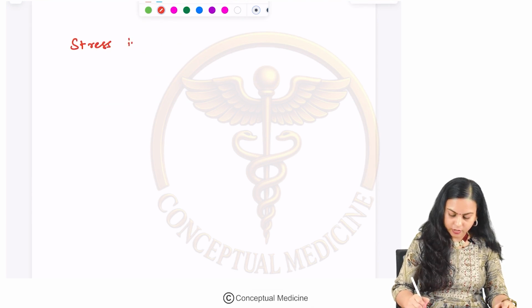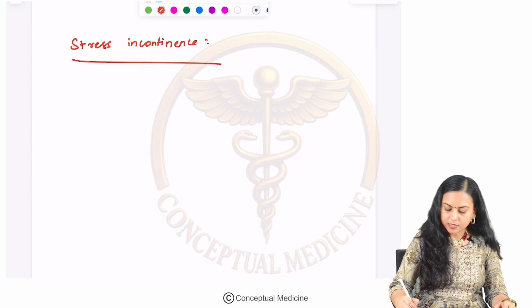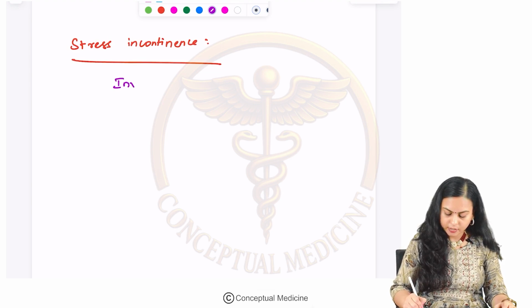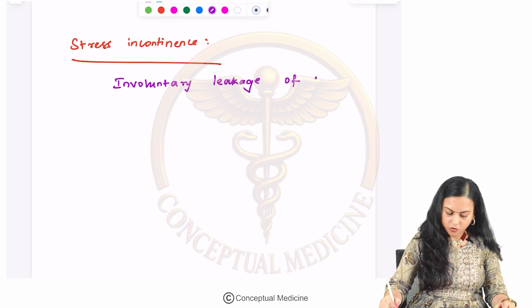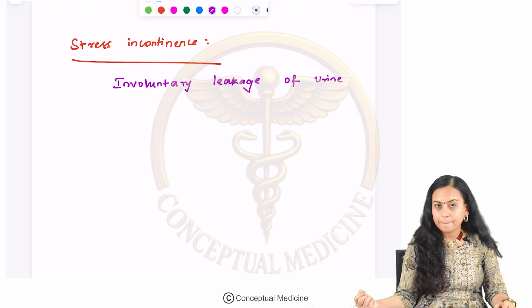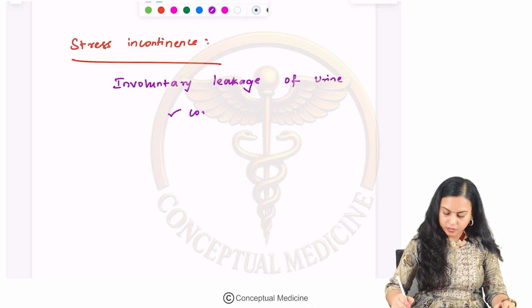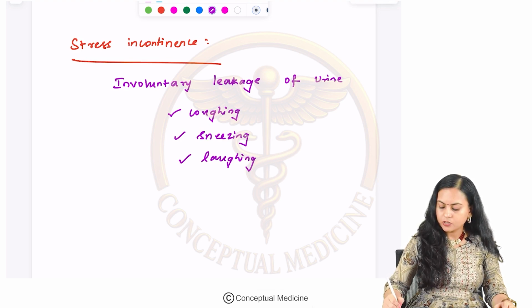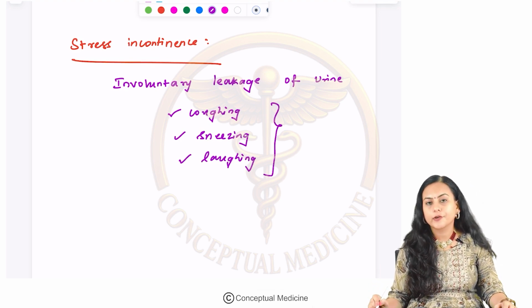So, stress incontinence means there is involuntary leakage of urine that is happening during coughing, sneezing, laughing, etc. So, what are all these three conditions going to do?